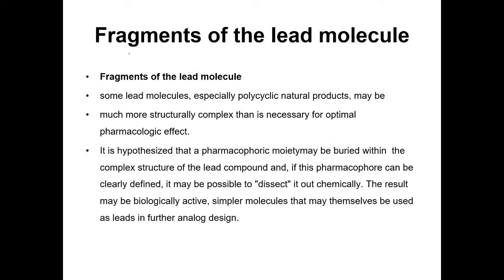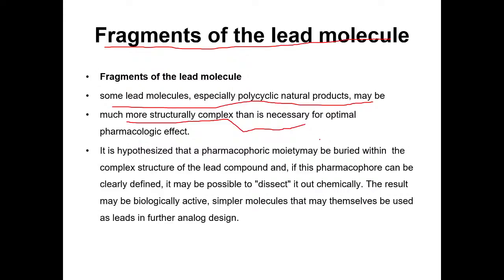Okay, so the next thing is the fragments of the lead molecule. Some lead molecules, especially polycyclic natural products, many naturally occurring compounds, are very complex molecules, and this complexity is many times not necessary for optimal pharmacological effect. In that case, you need to find the pharmacophoric group in that complex molecule. Then you have to retain that pharmacophoric group and start dissecting the molecule.